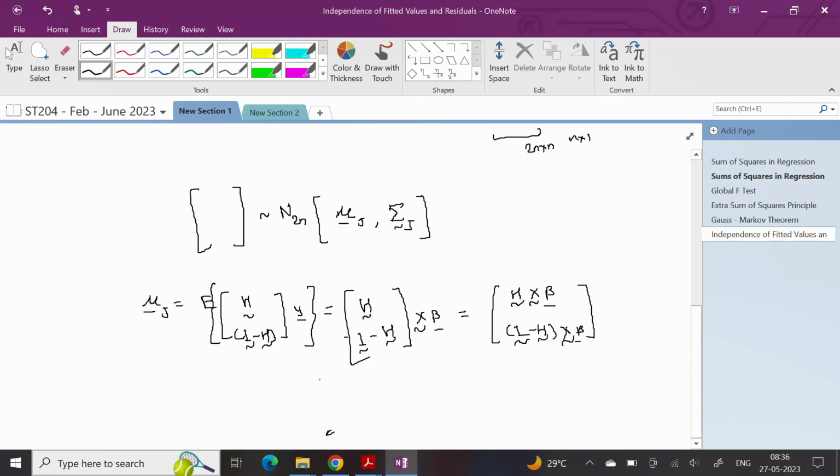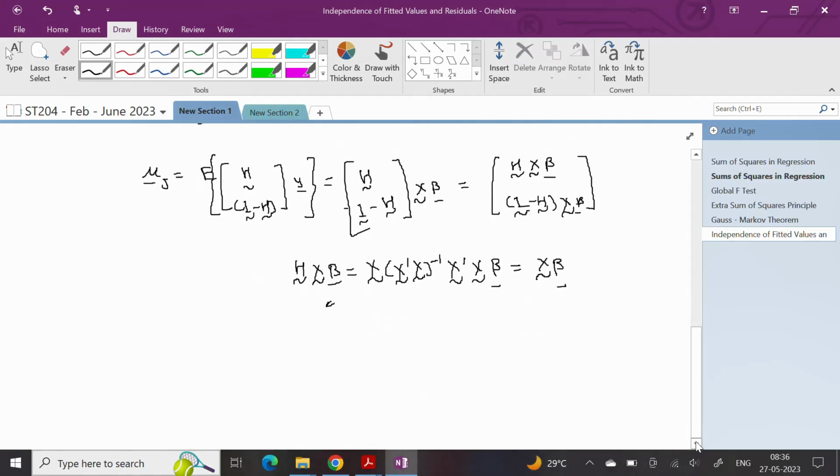Now, what is H X beta? If I try to simplify, H X beta will be X (X prime X)inverse X prime, that is my H, then X and beta. So (X prime X)inverse and X prime X get cancelled, and I'll be left with simply X beta, which proves that the expectation of y hat is the same as the expectation of y. So these are unbiased estimates.